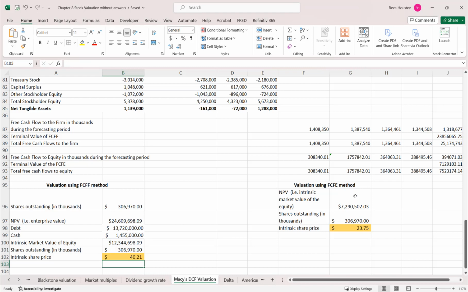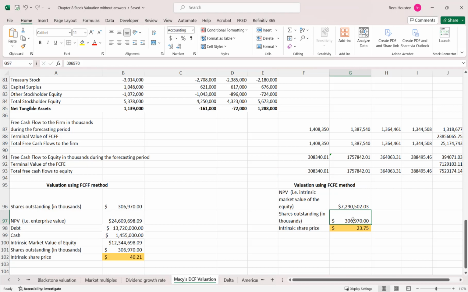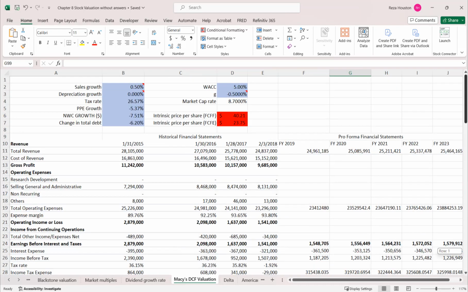With the FCFE model, I've used the same techniques here, just discount all these cash flows to the present at some discount rate, and then divide our intrinsic value by shares outstanding, and I'm getting about $23, $24. So this is typically how we use a two-stage DCF model.